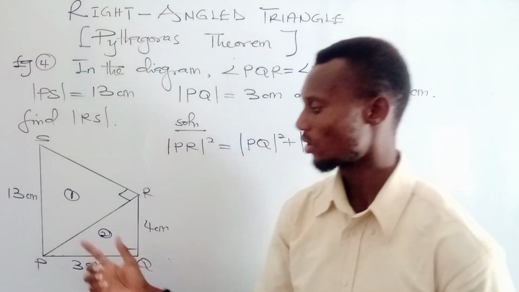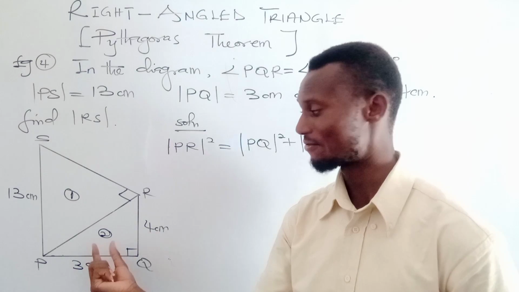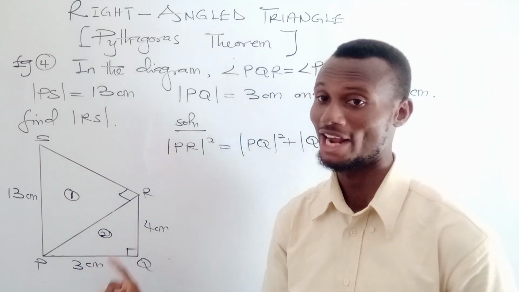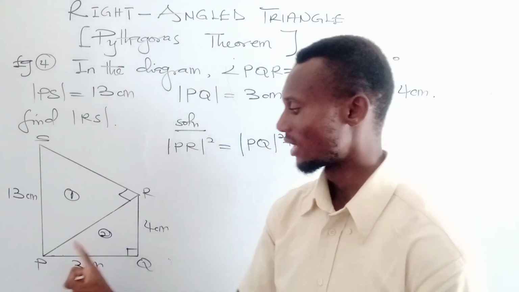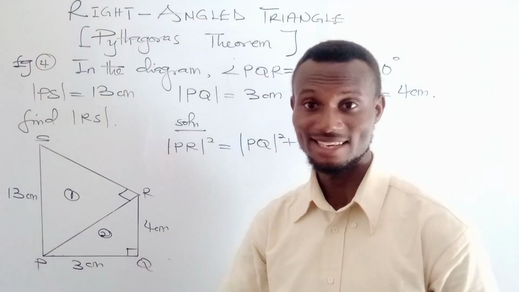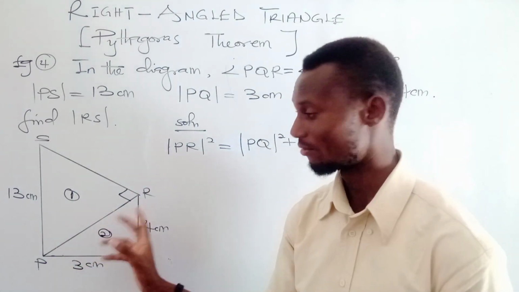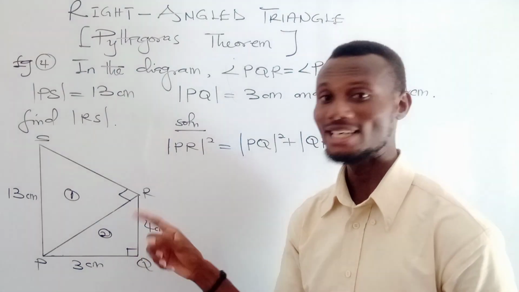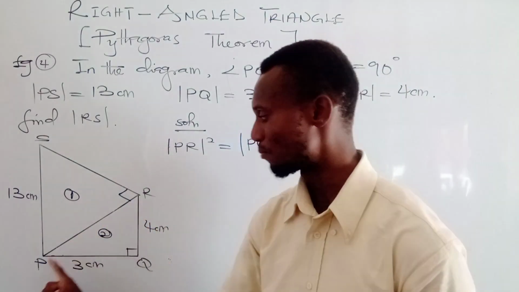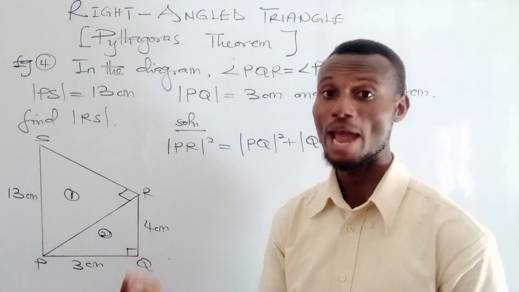Considering this triangle which I've labeled as 2, this right angle triangle, you can see that PR is the slanted side of the triangle, which is also the longest side. That side, PR, is called the hypotenuse.